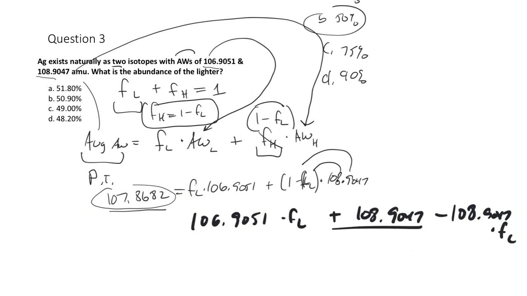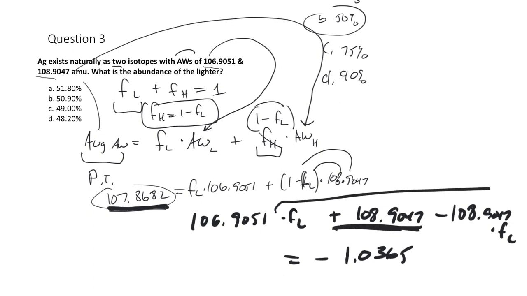And so if we subtract 108.9047 from both sides, let's do that math here. We do 107.8682 minus 108.9047. That's going to equal, let's write this on the right side now, negative 1.0365. That's just this number minus this number, doing some algebra.